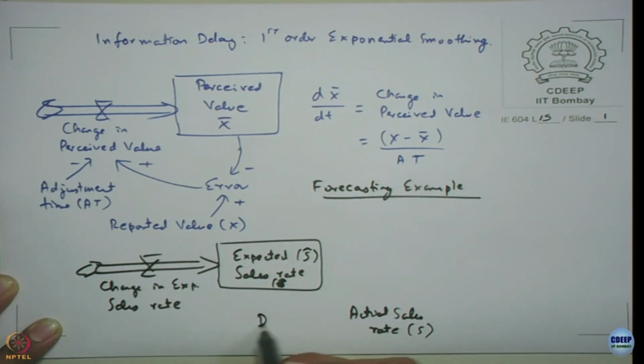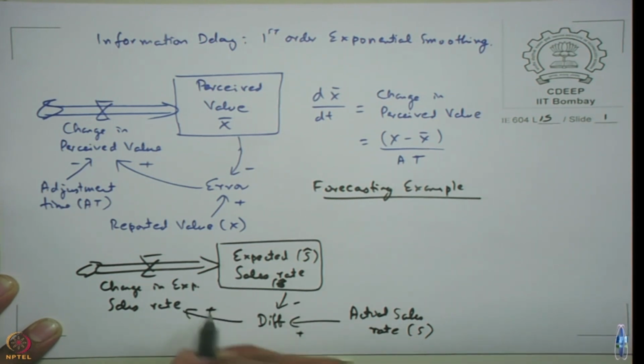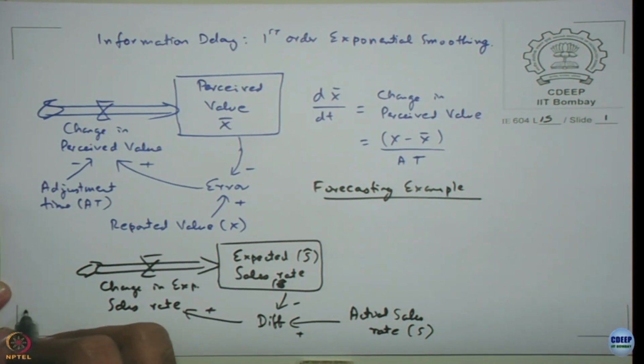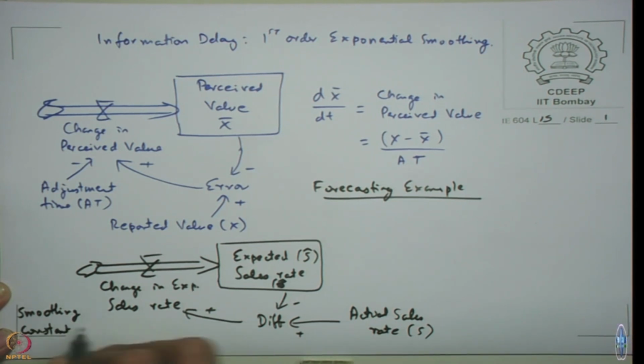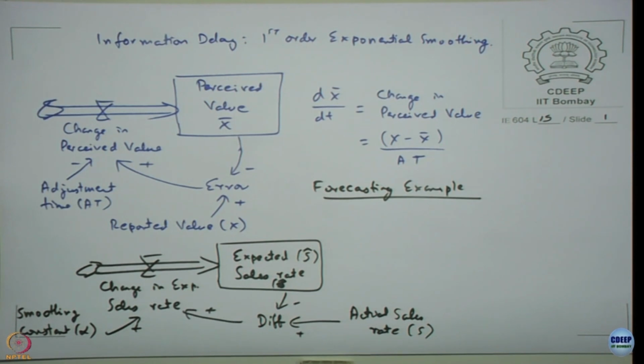Let us calculate the difference in sales. In forecasting lingo, similar to exponential smoothing, we can call it a smoothing constant, say alpha.